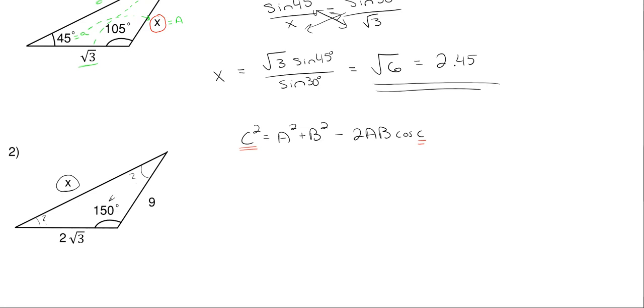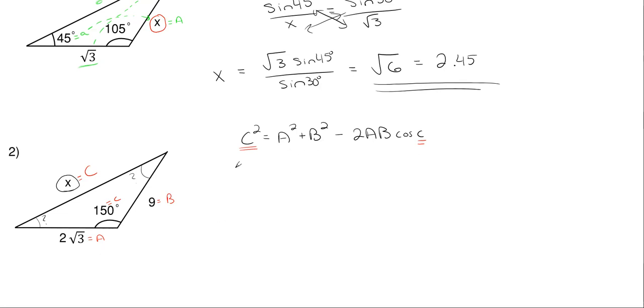We only know one internal angle, so we're going to set that to our angle c. The side that is opposite that, which is our x, would be our capital C. Then capital A and B are just our other two sides. So 9 is equal to our B, and 2 square roots of 3 would be equal to our A side. Pretty much whenever you're using law of sines or cosines, capital letters mean sides, lowercase letters mean angles.